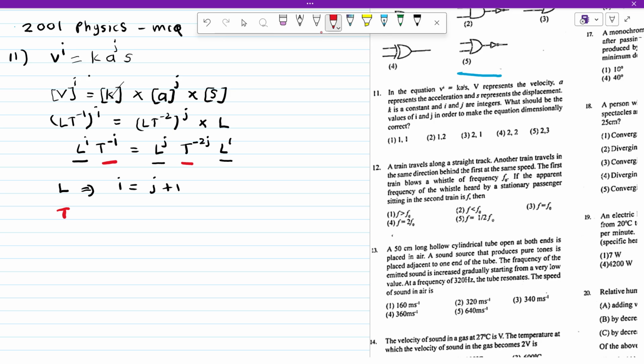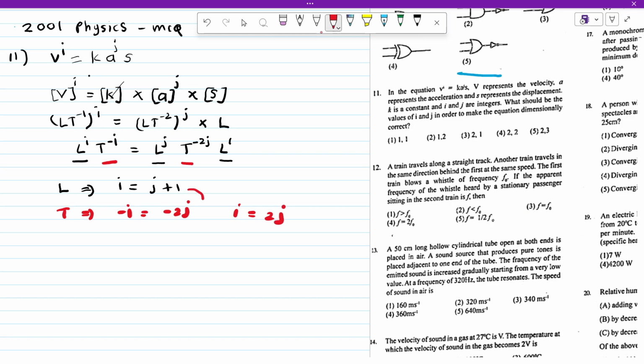So when we consider the terms T, I'll take another color. For T, minus i equals minus 2j, right? Minus cancels, so thereby i equals 2j.